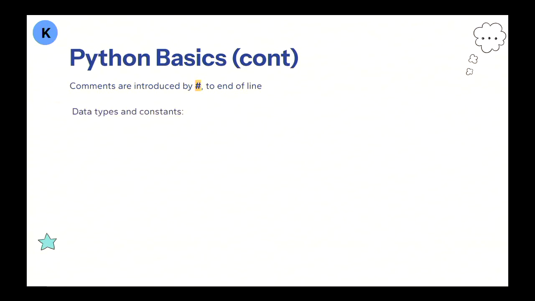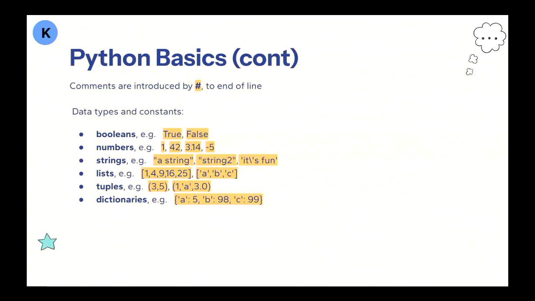And here are the data types and constants. They are very similar to C data types, but there are some unique data types for Python. For example, dictionaries.